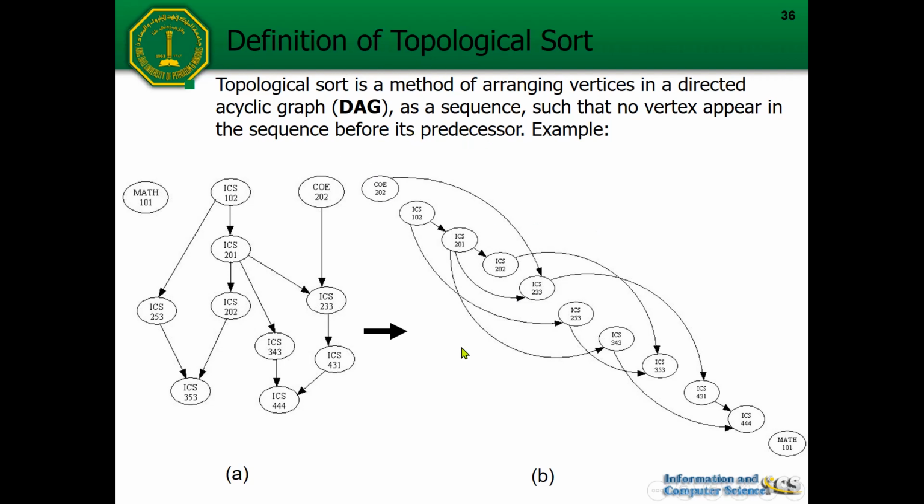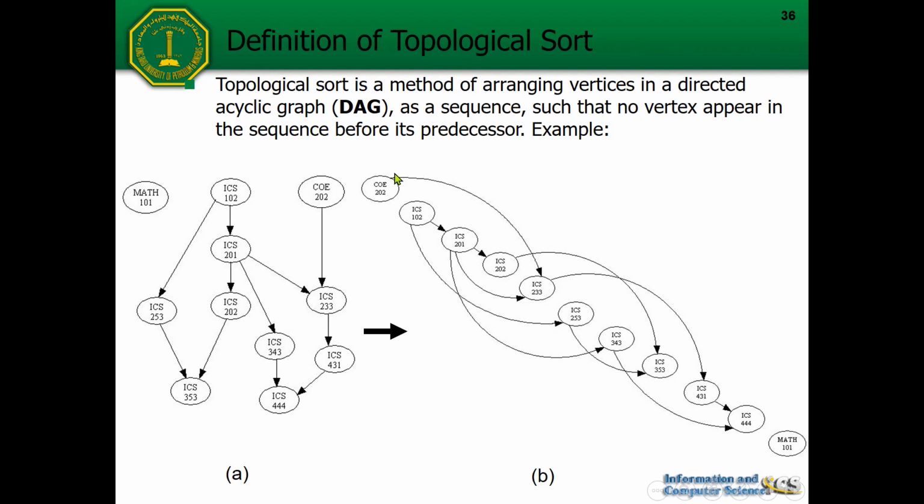So as the example, now we have this as the DAG, the input graph. After applying a topological sort algorithm, we expect to have this topological graph.